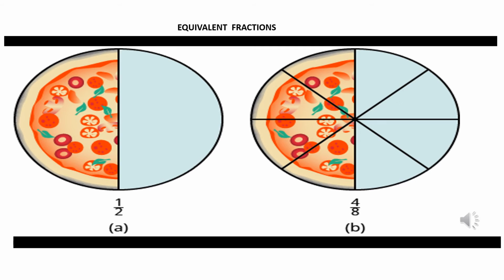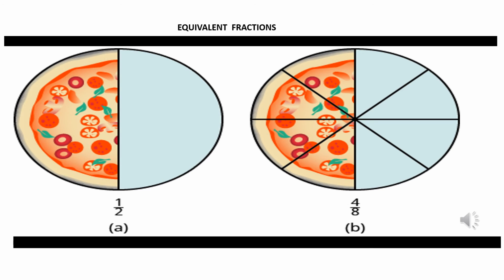Let us take an example of 3 by 5 and 4 by 6. First, multiply the numerator of the first fraction, that is 3, by the denominator of the second fraction, that is 6, and note down the answer as 18.